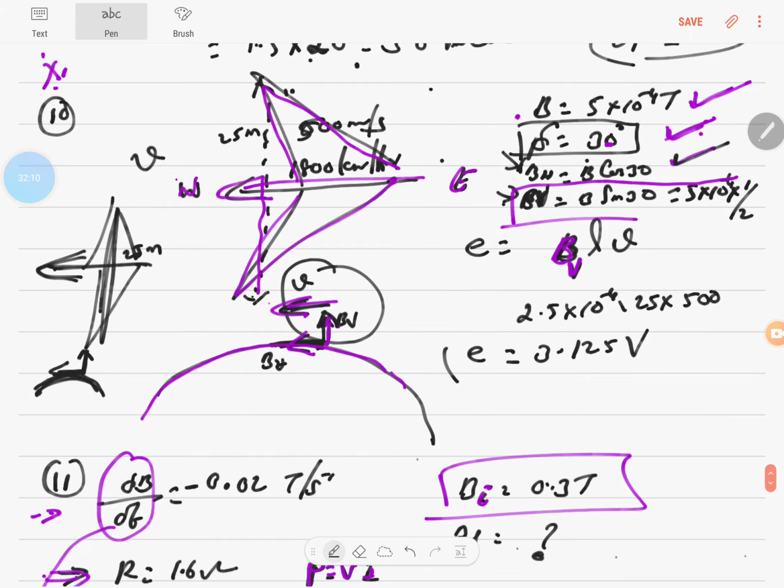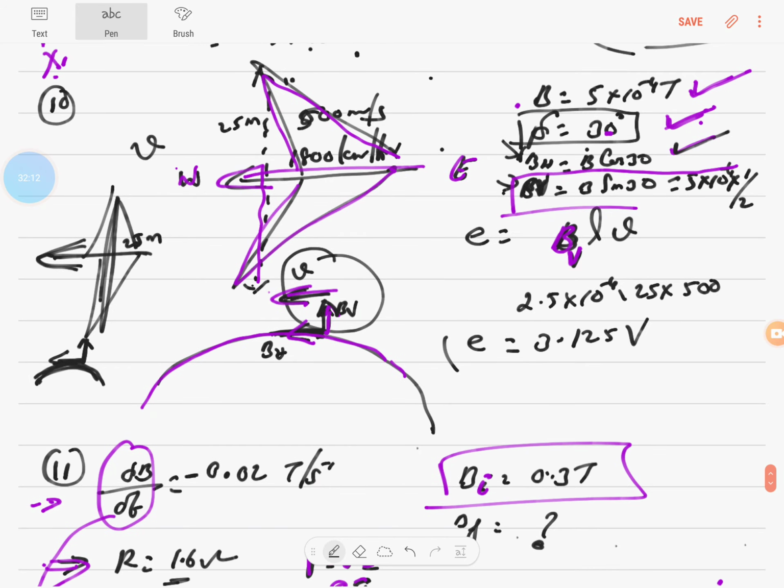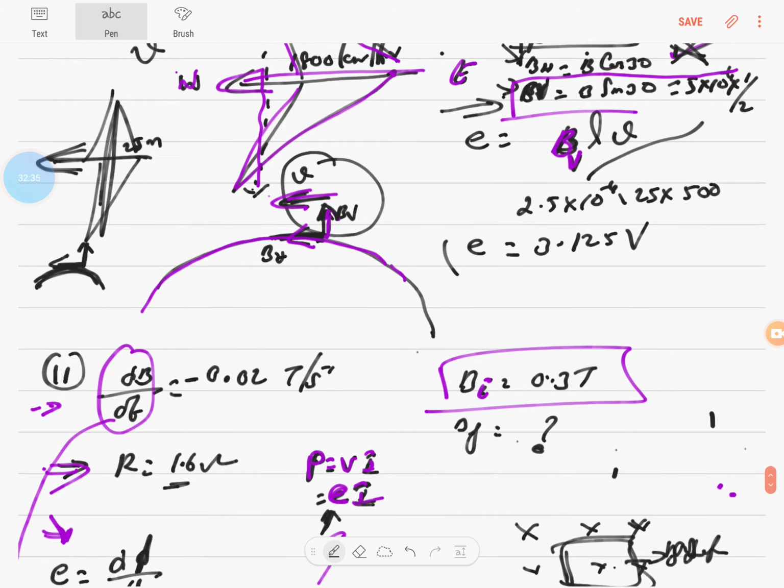So when I do BLV, I have to do BV L V. I have to find the vertical component because they have given delta. I can do B sin delta as BV and then substitute that. The horizontal component is of no use because it is parallel to the velocity. I need a component of the magnetic field which is perpendicular. So then BV L V, and you get the EMF induced.